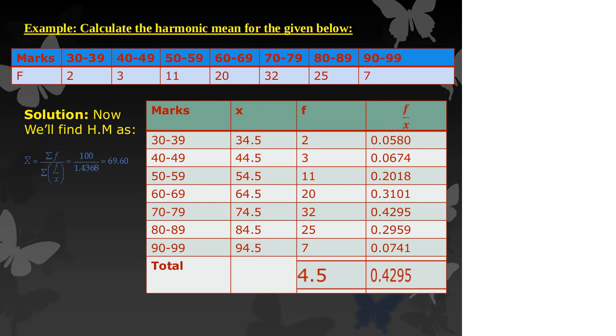And F is the frequency of the median class. What is the frequency of the median class? The frequency of the median class is 32.